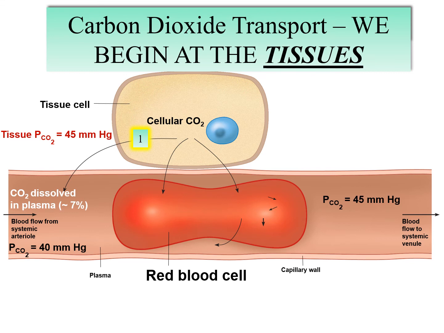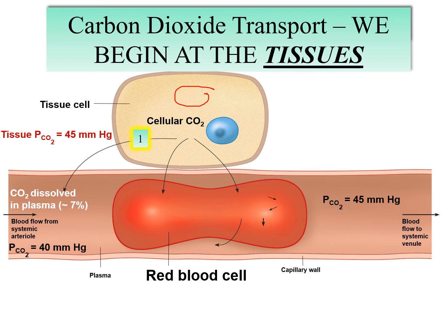There are three different ways in which blood transports carbon dioxide. So here we are at the tissues. Think of this as the metabolizing skeletal muscle that you're using as you run the race. Take a look at the muscle cell. Let's pretend this is the muscle cell here. It can be any tissue cell of the body, any tissue you want to talk about other than the lungs.